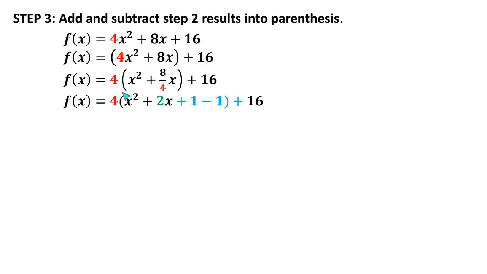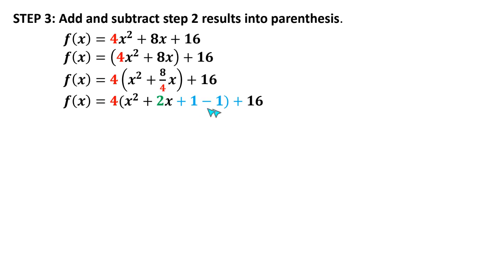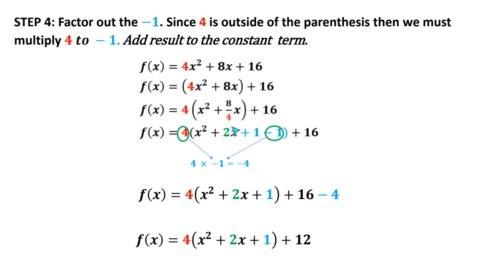The next step is to add and subtract that result from step 2. So after you square your answer, you're going to add it and subtract it inside that parentheses. Okay. Step 4 is we don't want to have this number that we subtracted. We want to take it out. We want to factor it out. So when you factor it out, you need to be careful.